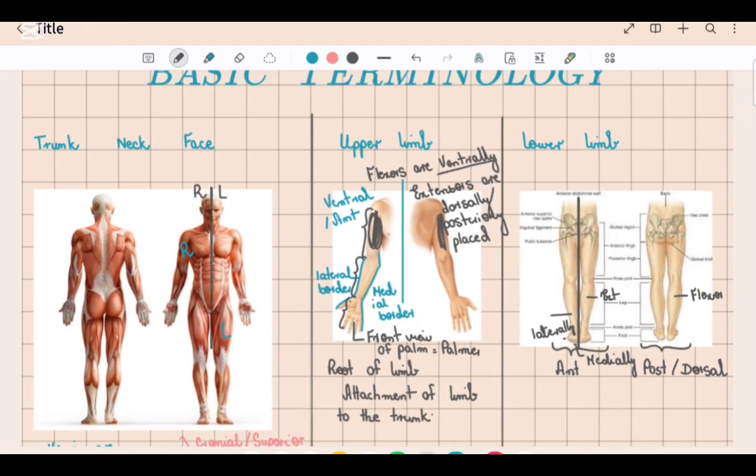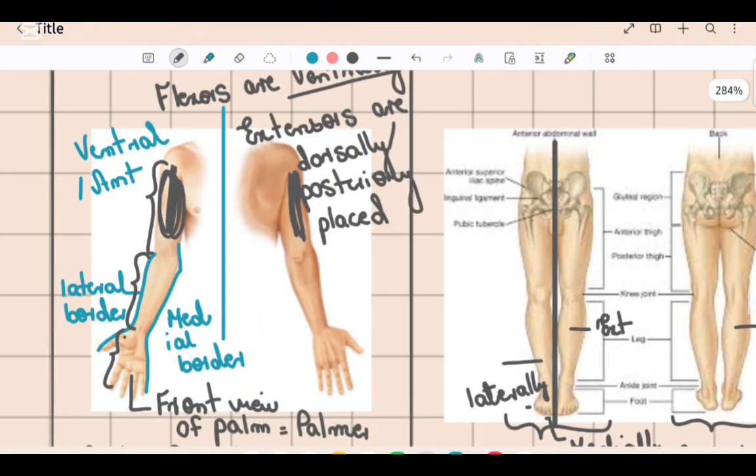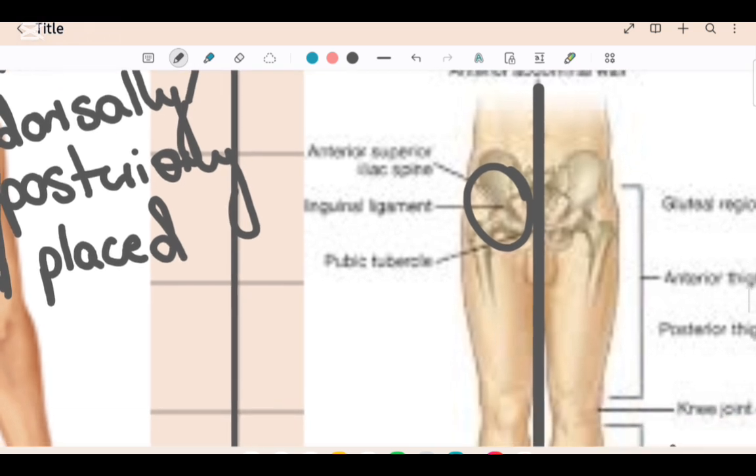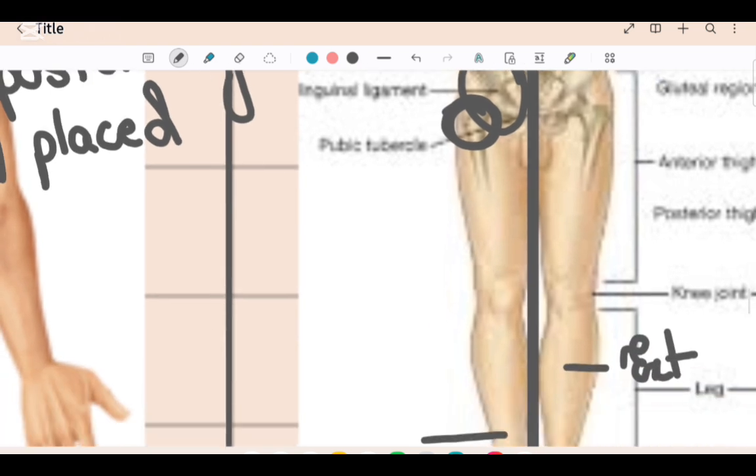Now we're going to deal with the embryological terms, but yes, one more thing, the proximal and the distal parts. Here your lower limb is getting attached to your trunk, so that is basically the root, and the hip joint is basically the root point. So if you can see here, this point is the proximal part, and the knee joint is distal as compared to the hip joint.